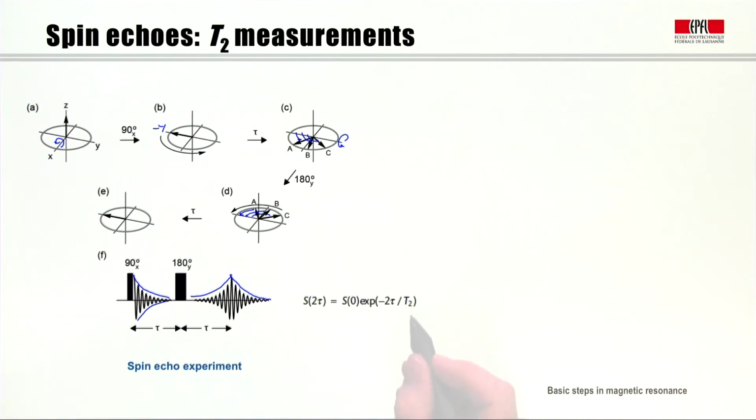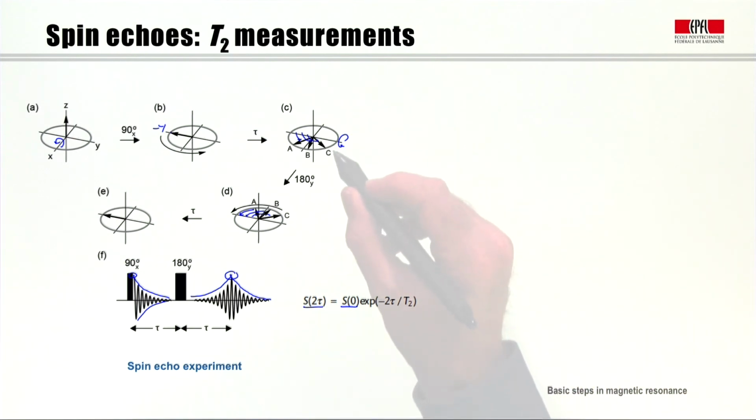And it turns out that we can extract a T2 from this by comparing the signal here, which is the signal at the time of the echo, with the signal here, which is at the beginning of the experiment, and we notice that this decays as a function of 2 tau, which is the overall time between excitation and echo, divided by T2.